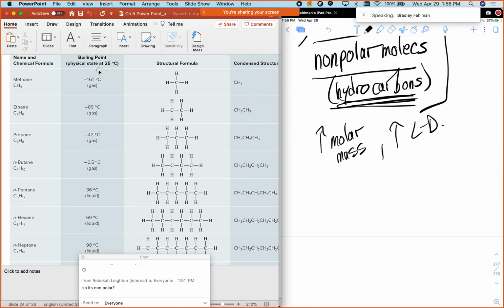Here it's only minus 161 degrees that is enough to break these apart. As you get more molar mass, you see that this goes up and up, right? So it takes more energy to break apart heptane than it does methane. So increasing molar mass means increasing London dispersion, and that means an increased boiling point, or melting point if it's a solid.